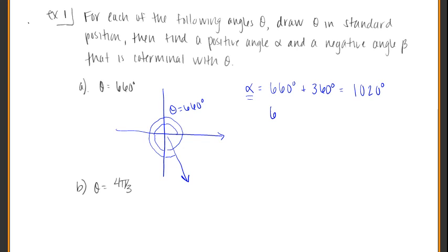But look here, if I also started at 660 degrees, and let's subtract 360, we land at 300 degrees, and since 300 is still positive, we can say alpha could also equal 300 degrees. So basically, coterminal angles, there's an infinite number of them.